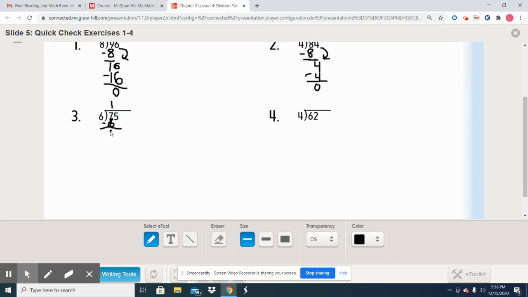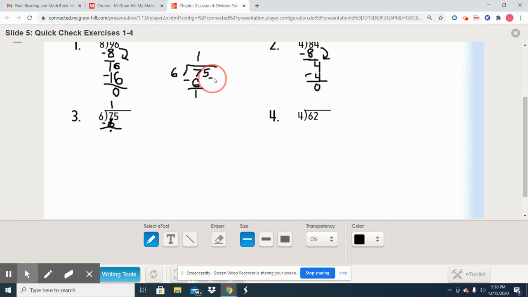So, yeah, I'm going to have to do it up here. Six goes into 7 1 time. 7 minus 6 is 1.